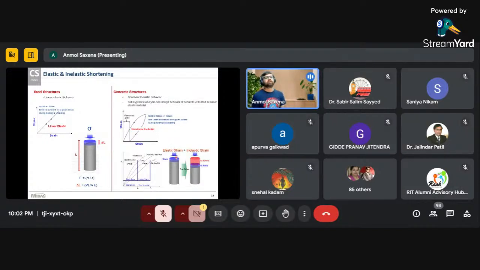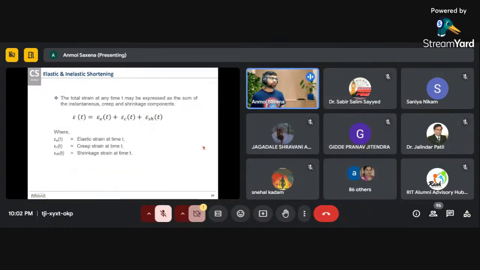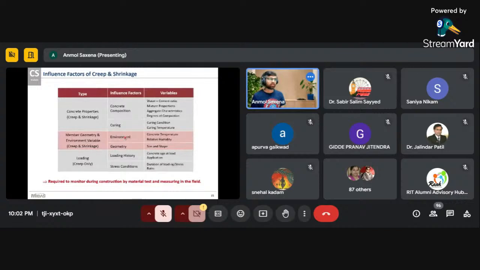Okay. In a concrete structure, the shortening will be elastic shortening plus inelastic shortening, which is elastic strain and inelastic strain. The total strain considers all the shortening: elastic strain, creep strain, and shrinkage strain. These creep and shrinkage properties of concrete depend on the material properties and the geometry of the member, so what is the size of the member.